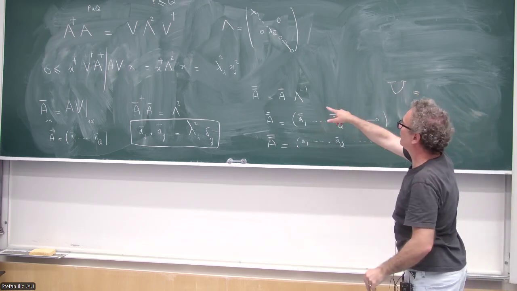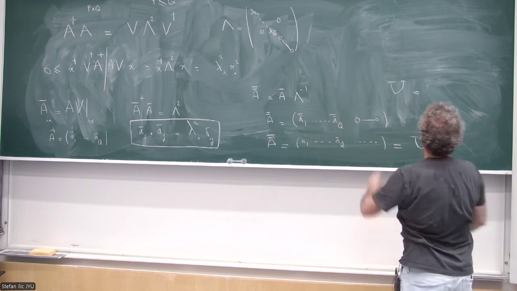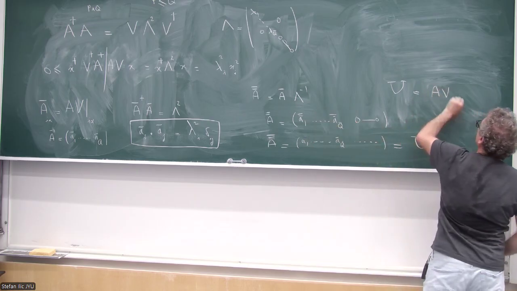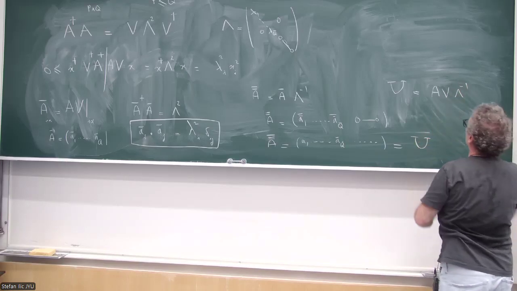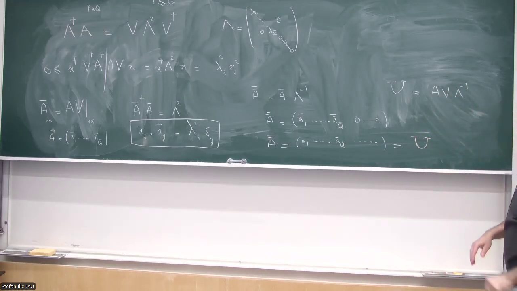It's A bar lambda minus 1. A bar is AV. AV lambda minus 1. And if you inverse everything, you will get A equal U lambda V. But this is standard material. It's on Wikipedia. I just wanted to redo it because it has to be fresh in your mind.